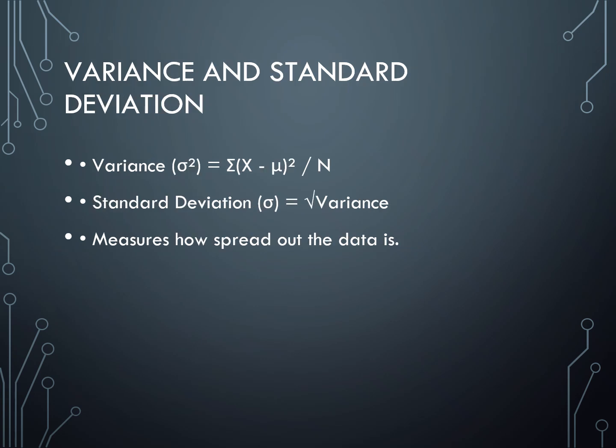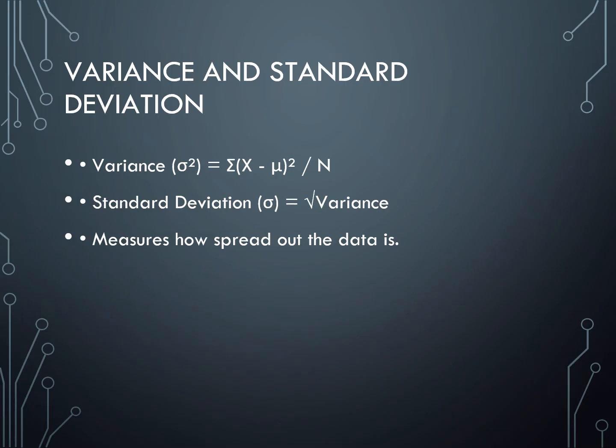Variance and standard deviation. Variance and standard deviation tell us how much our data is spread out from the mean. If data points are closer to the mean, we have low variance. If they are far apart, we have high variance. The formulas are: variance σ² equals summation of (x minus μ) whole squared divided by n.